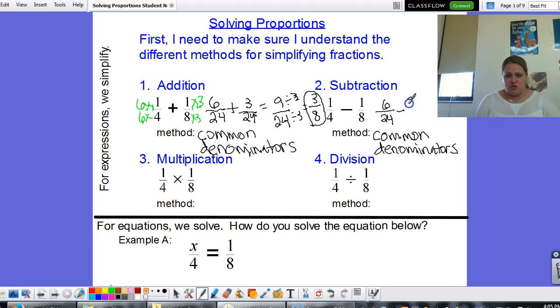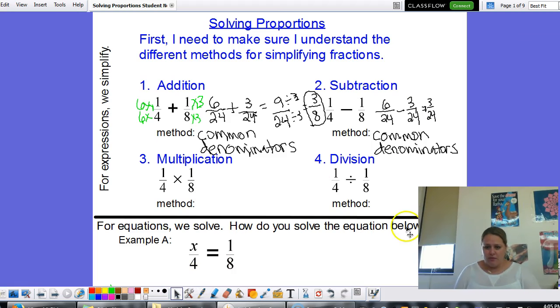This time I'm subtracting 3/24. 6/24, taking away 3/24 gives me 3/24. And this can also be reduced. So 6/24 minus 3/24 was 3/24. I can reduce that by dividing by 3. And that gives me 1/8.